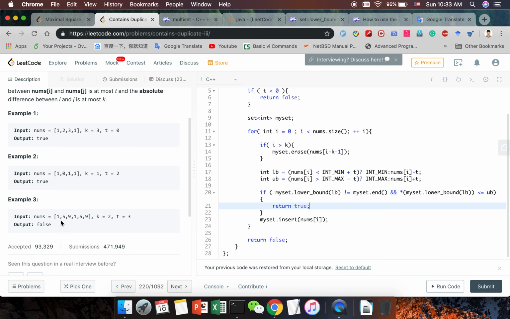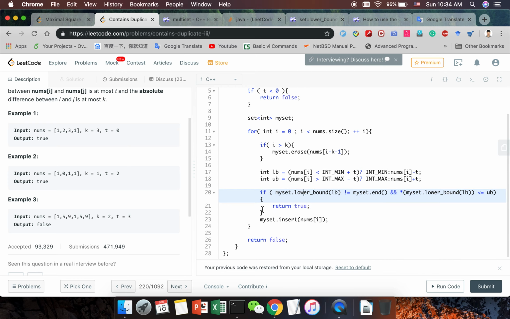But when we have another value coming, we calculate the lower bound and upper bound of 5. So 5 minus 3 is 2, and 5 plus 3 is 8. So the lower bound is 2 and the upper bound is 8, right? And we try to find if any other numbers in this set, which has 1 inserted at the beginning, satisfy this range.